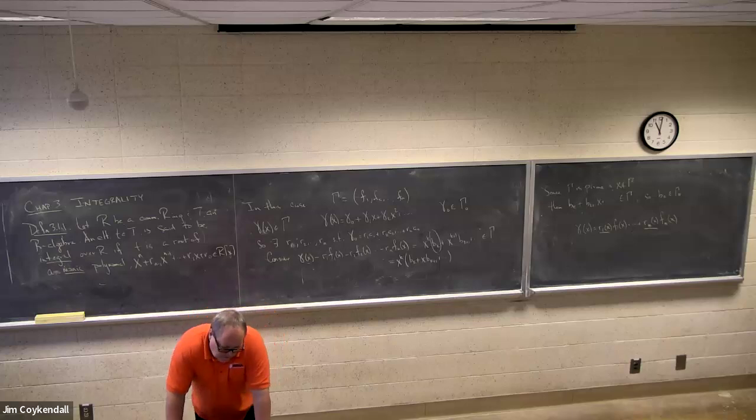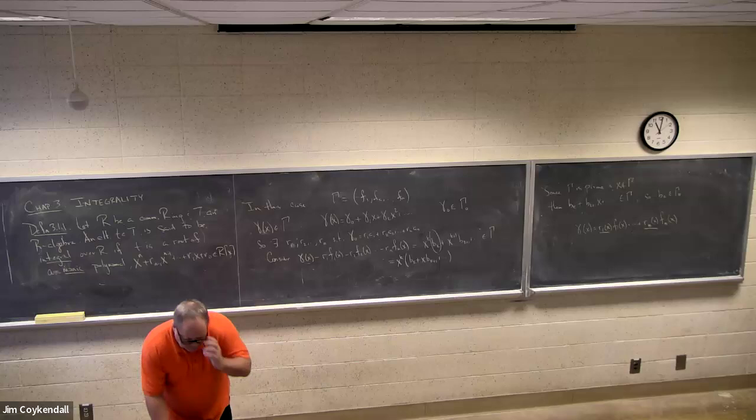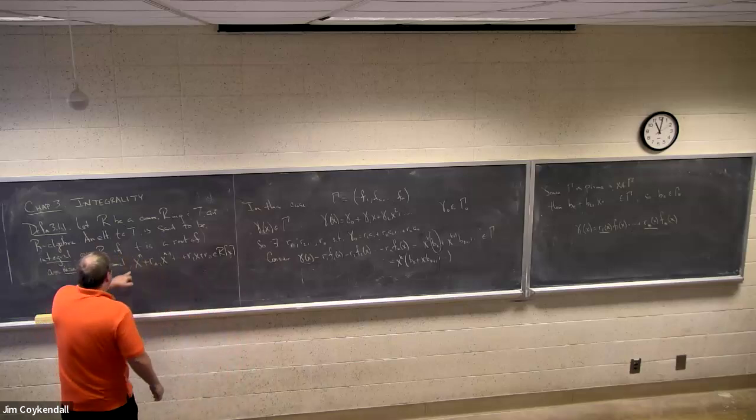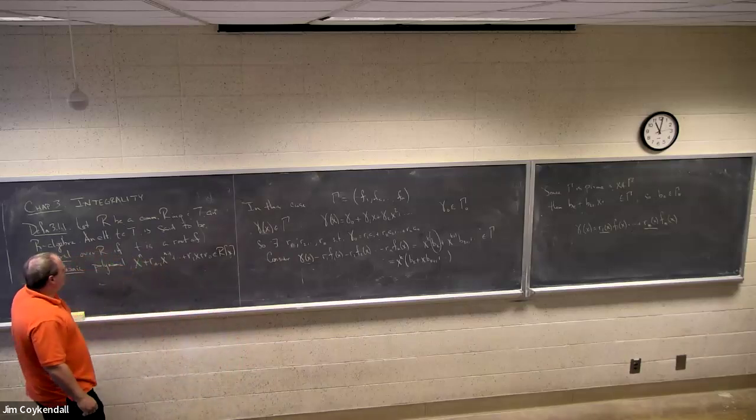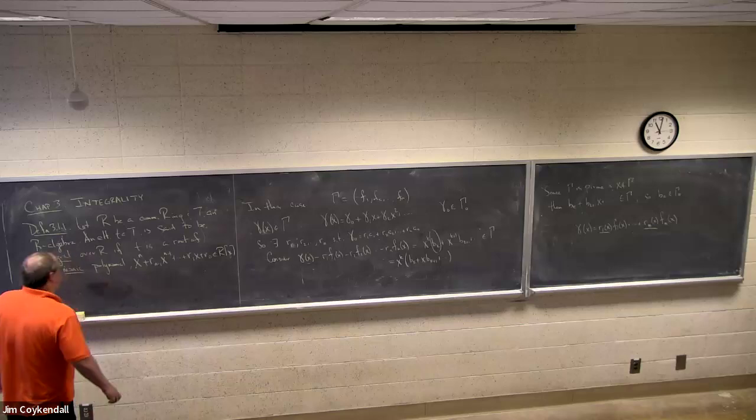So think of T for now as just a bigger ring containing R. An element is integral if it is the root of some monic polynomial in R[x]. Monic just means that the coefficient of that leading term is one.